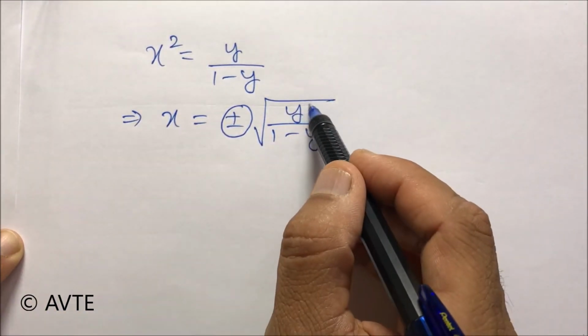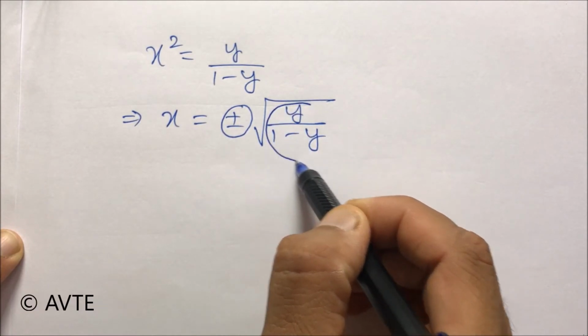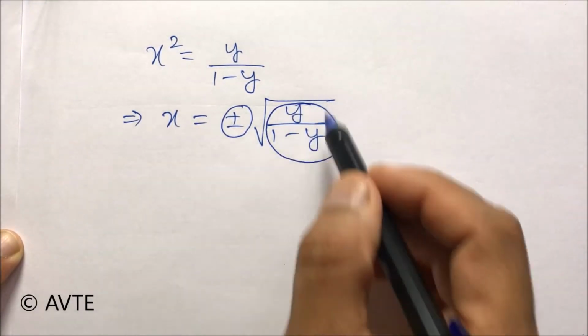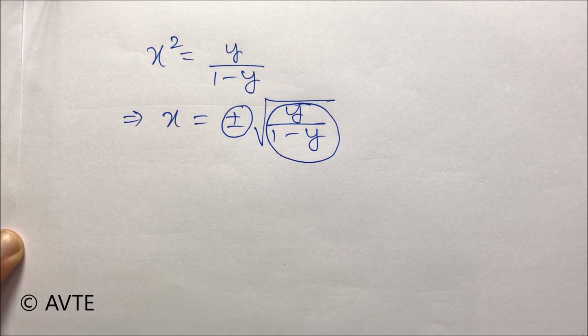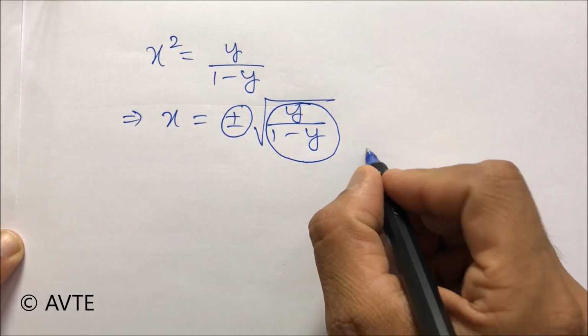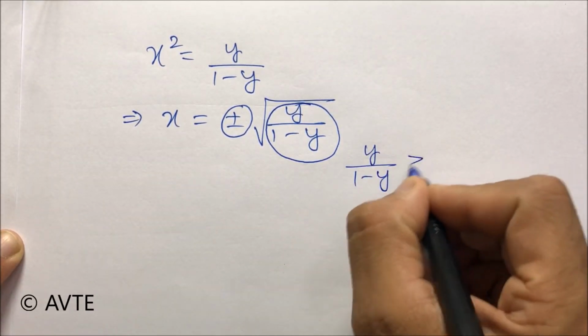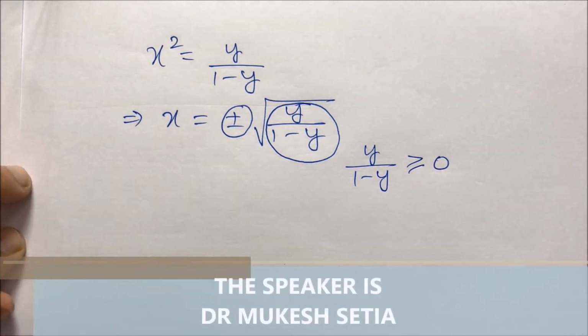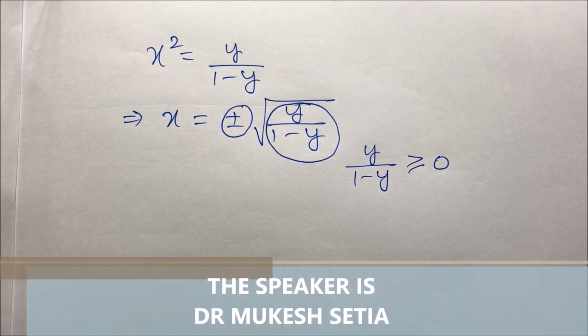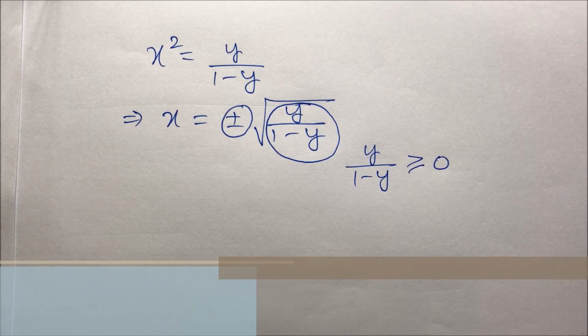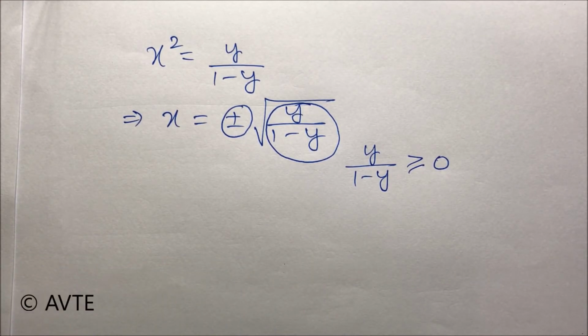Now for the range, we are concerned with y. Since it is inside the square root, so it has to be greater than equal to 0. Because you've already been watching the series, we have already told how to find the critical points or the change points.